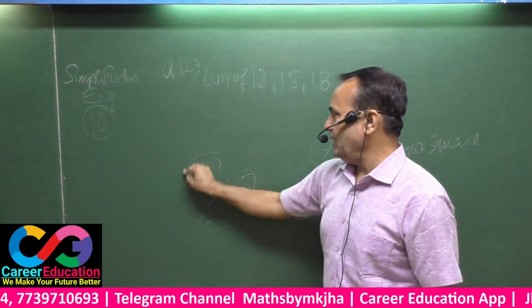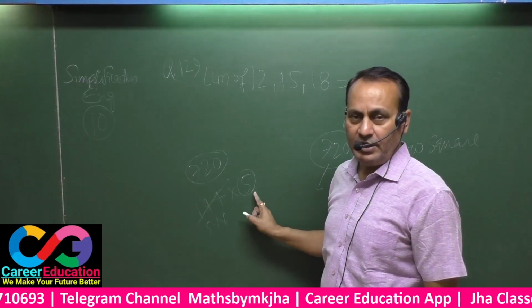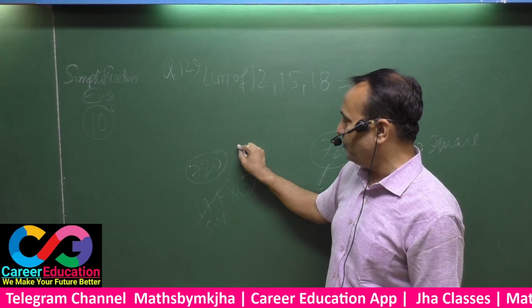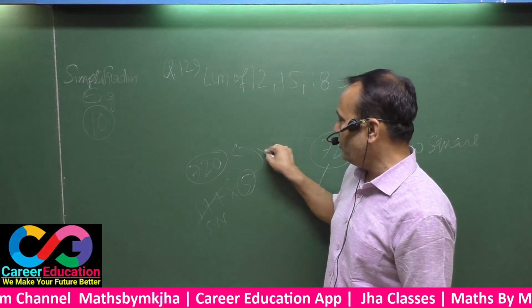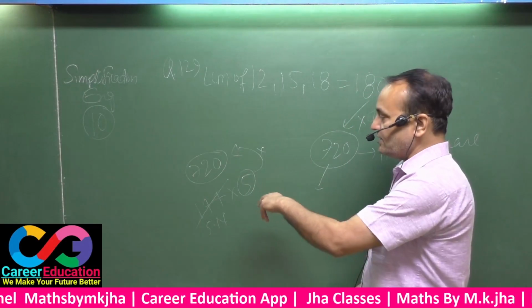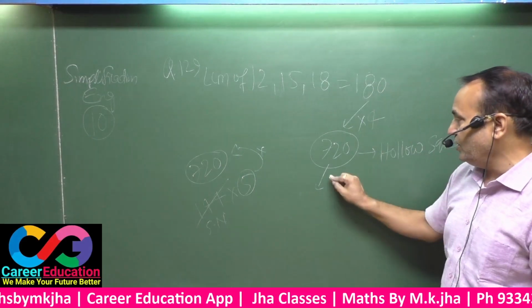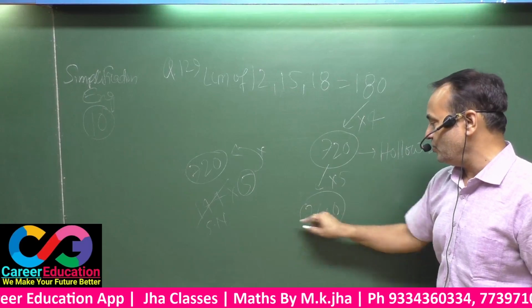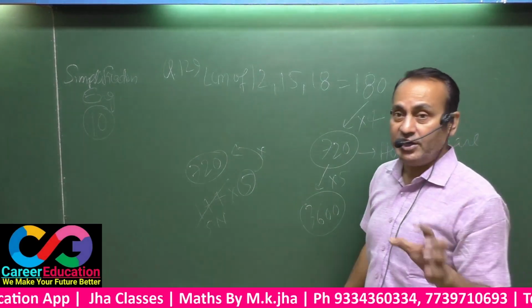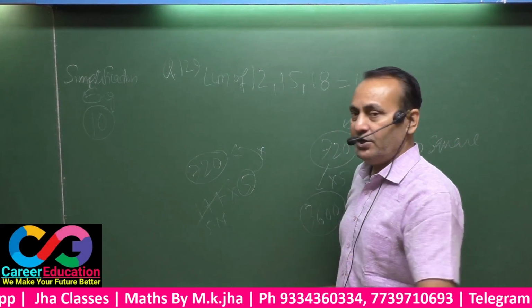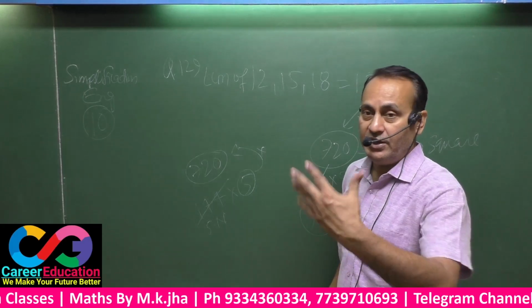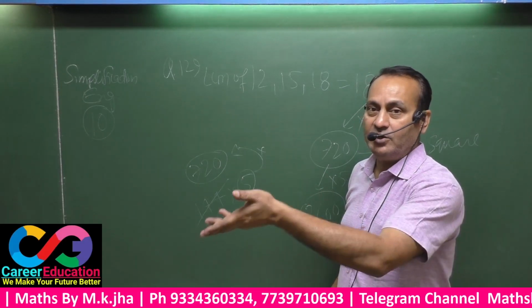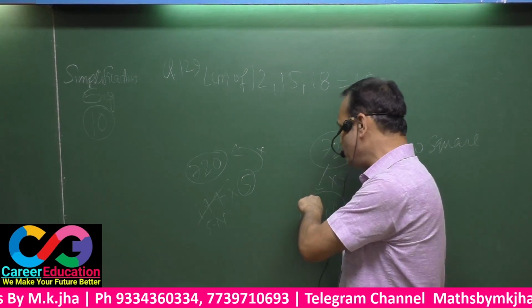That means no square number can divide this 5. So you have to multiply 720 by 5 and you get the answer 3600. That means 3600 people can be arranged in a solid square as well as in a hollow square of depth either 12 or 15 or 18. This is your final answer.